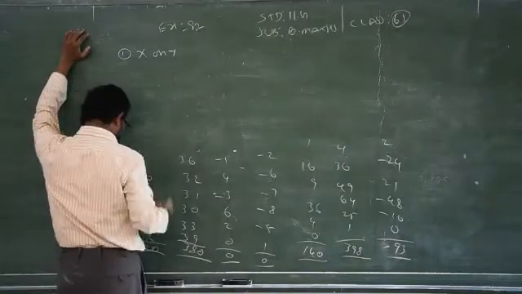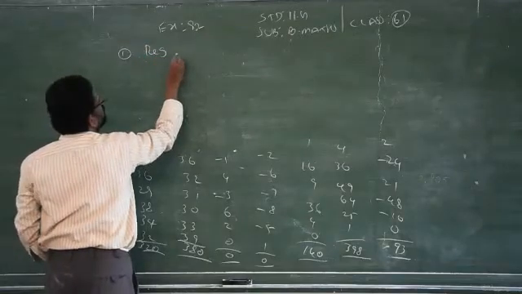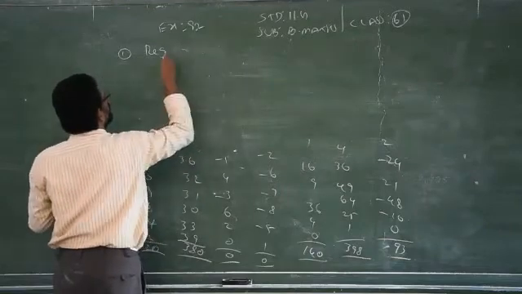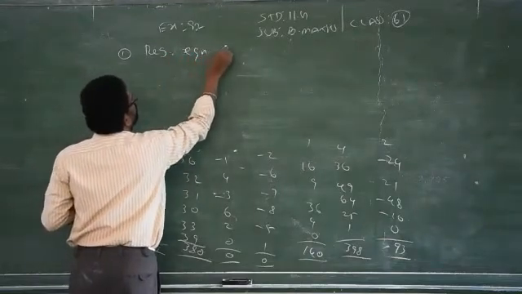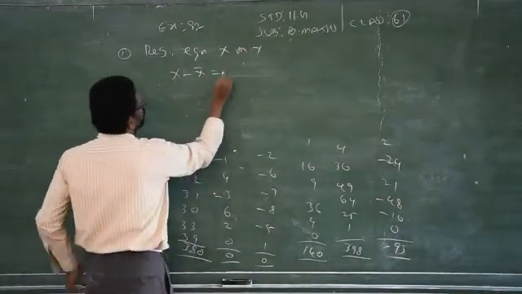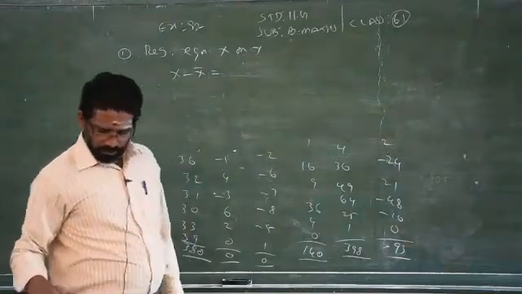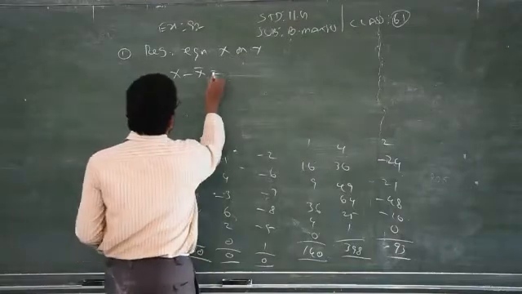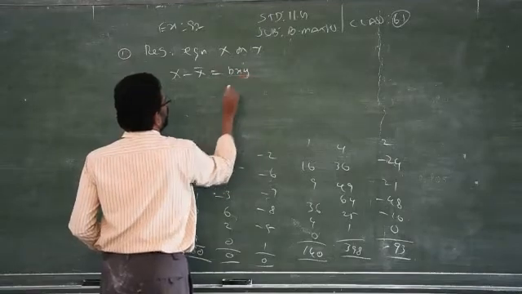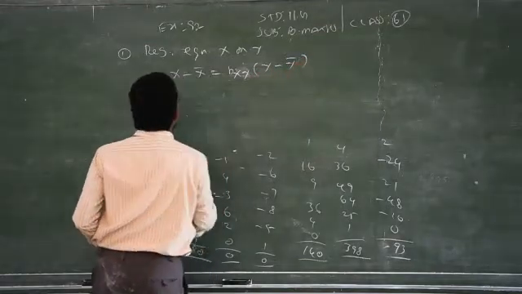The regression equation x on y: x minus x bar is equal to... so many formulas are there. But based on that formula you have to do bxy, x on y, then capital X, capital Y, then y minus y bar.